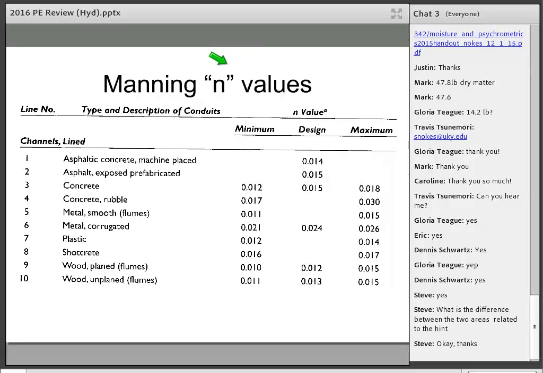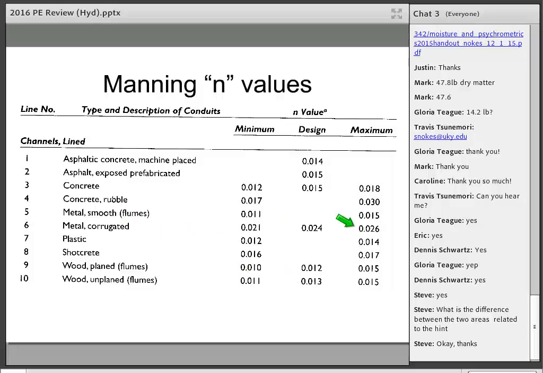Here are the Manning's n values. They're tabulated. The concept is it's a roughness as experienced by the flow. So these are fairly smooth. The smaller the Manning's n, the smoother the surface. So think about it.